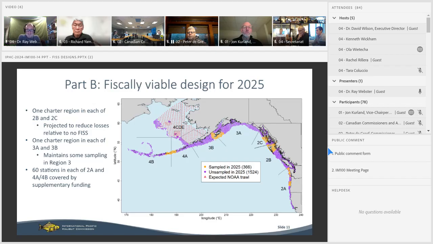And one charter region in each of 3A and 3B in order to maintain some sampling in region 3. And those two charter regions shown in the map are those that would lose the least amount of money. And 60 stations in each of 2A and 4A, 4B, covered by supplementary funding provided by the United States State Department.